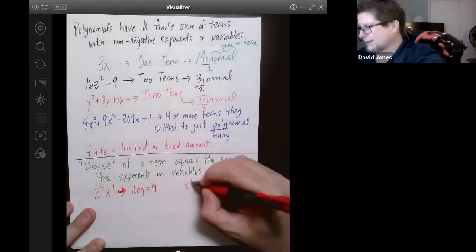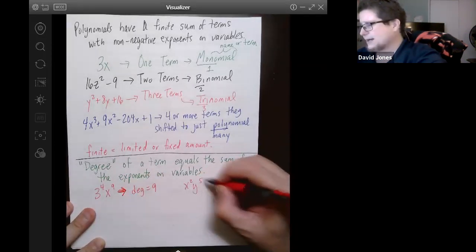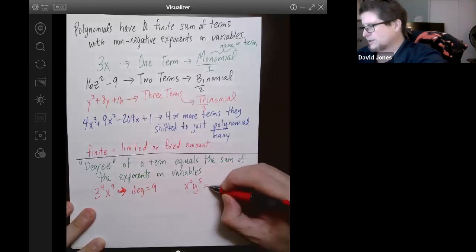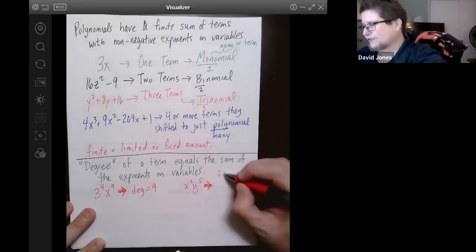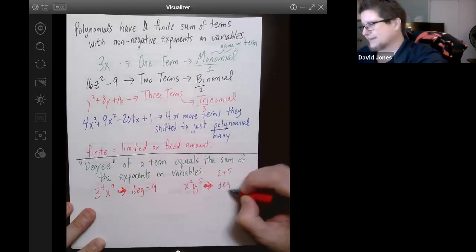Or we could have something like x squared y to the 5th. The degree here, 2 plus 5, the degree is 7.